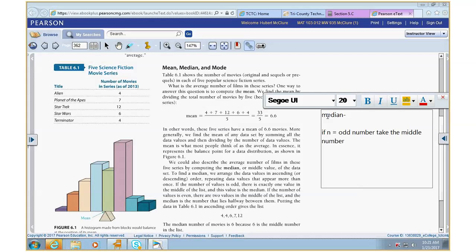Okay, because you got 7 up and 7 down. 7 plus 7 is 14, plus 1 is 15. Okay, it's pretty simple. If your number of objects is odd, then you just take the middle number. What if it's even? If n is even, take the average of the 2 middle numbers.